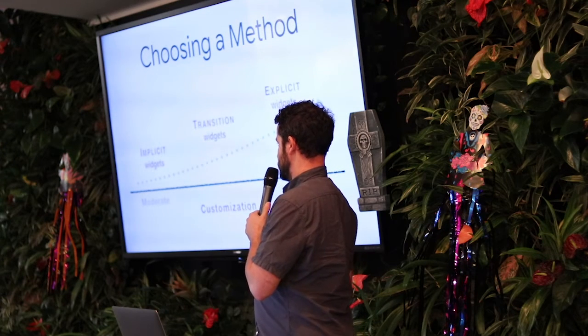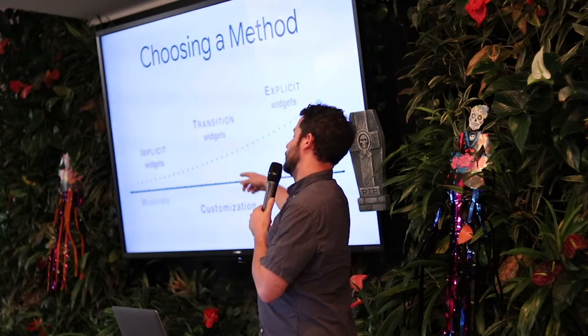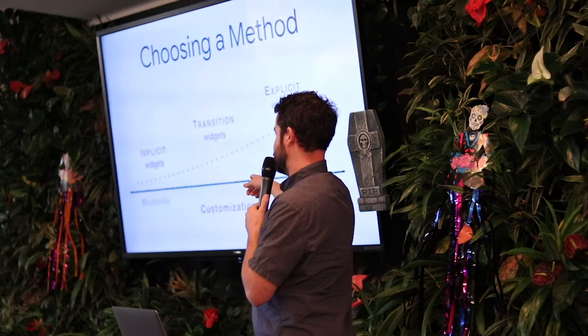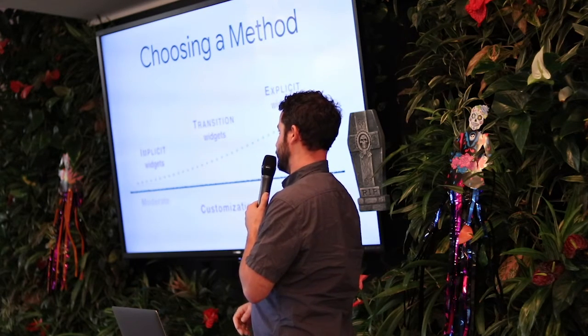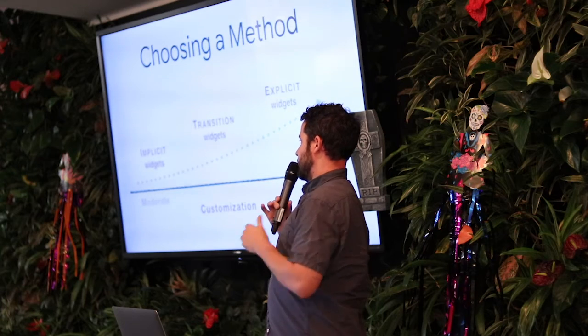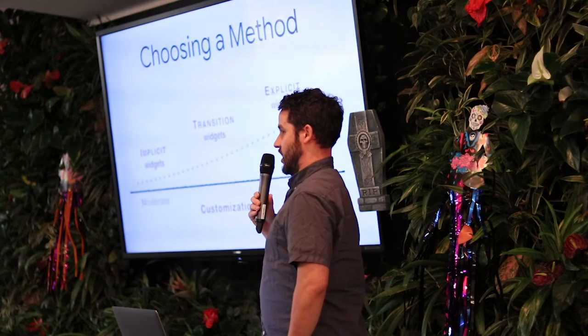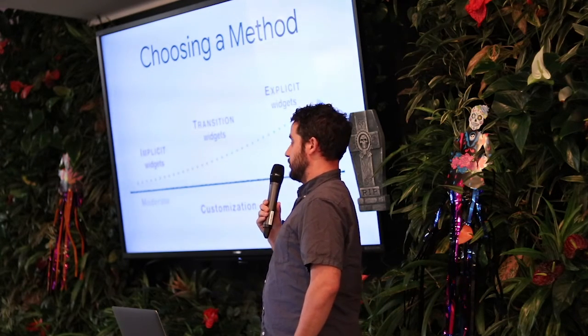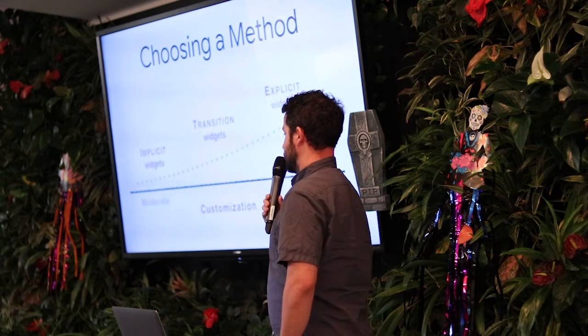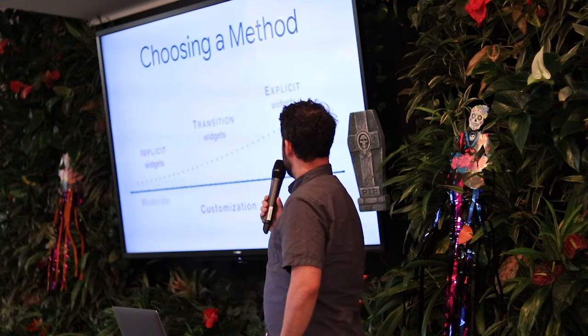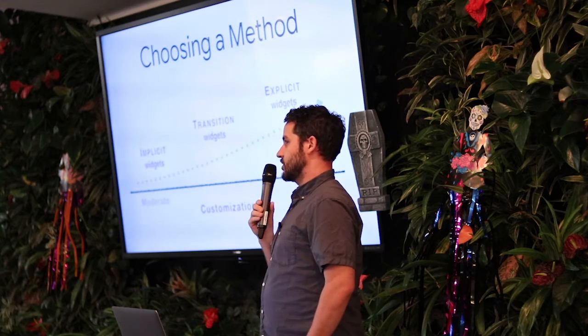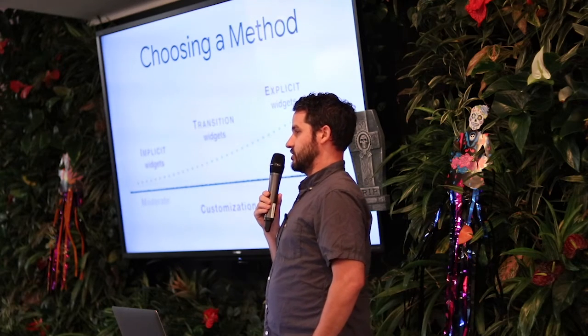First of all, this chart is showing three types of widgets that you can animate with, and they vary in degree of customization. The trend is that the more customization you need, the more complex constructing the animation will be.